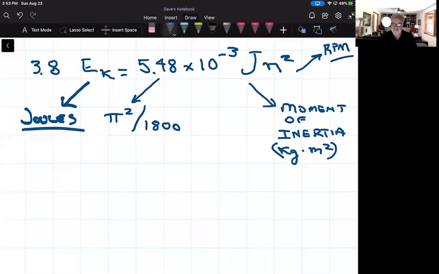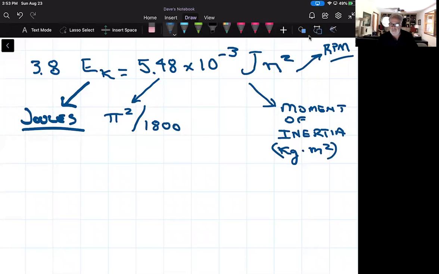We got this concept of kinetic energy, kinetic meaning energy of motion, in the section prior. But we need to understand kinetic energy in relationship to something that is rotating.